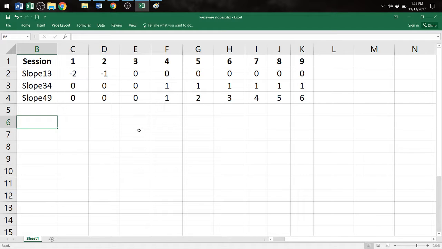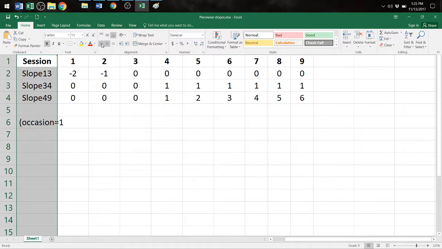So if I wanted to type this out rather than doing it longhand, longhand would be like, if occasion equals, hang on, let me make this left justified.